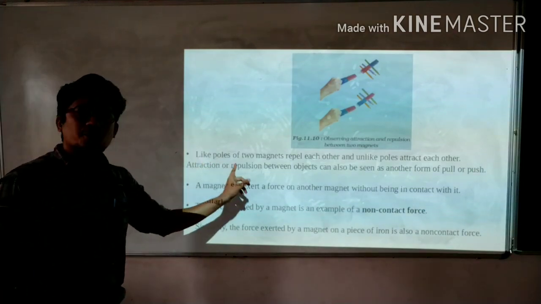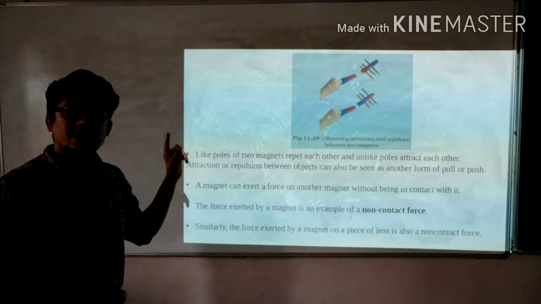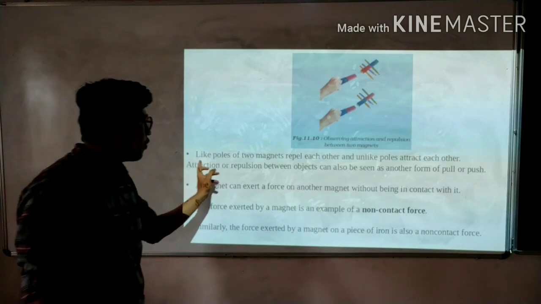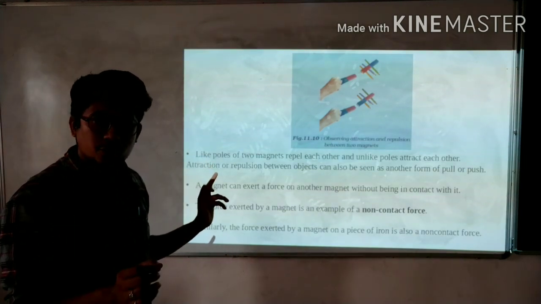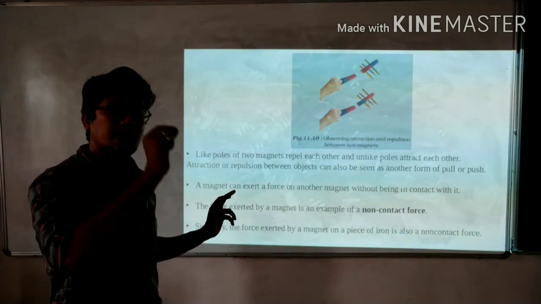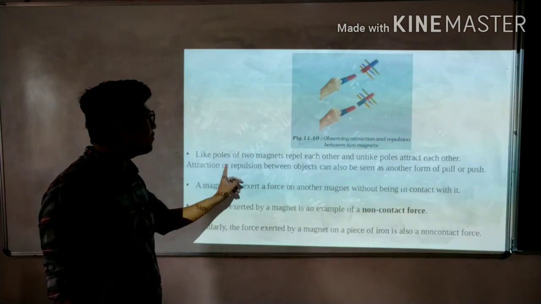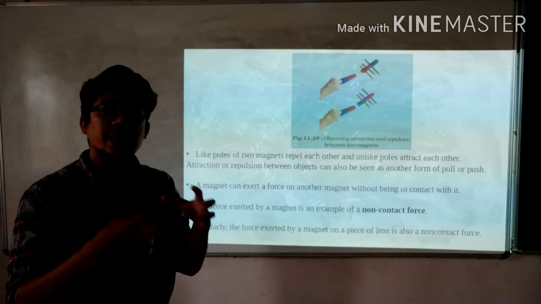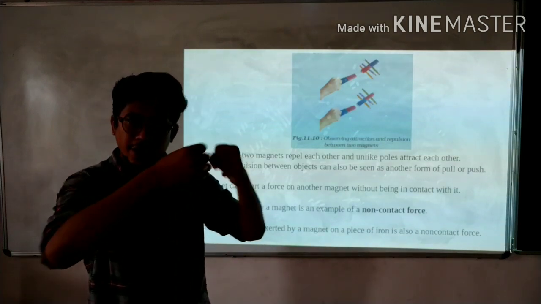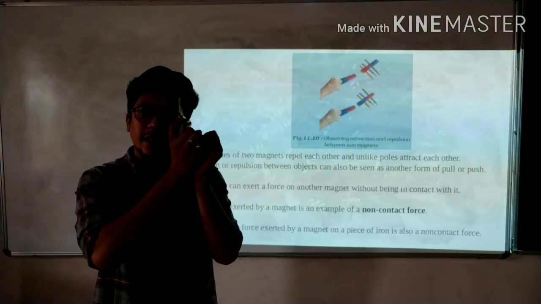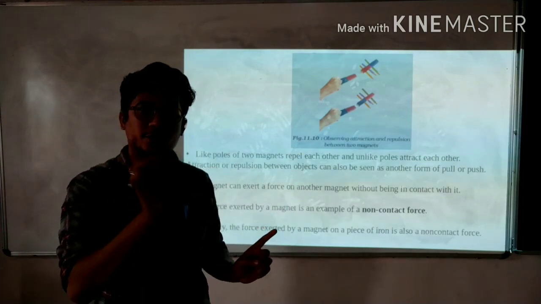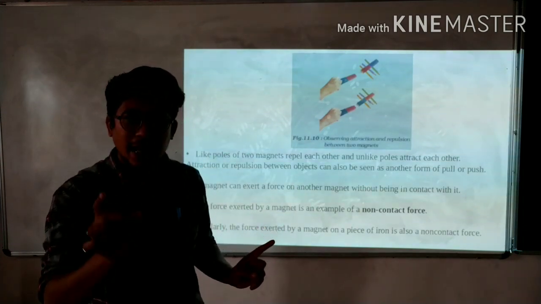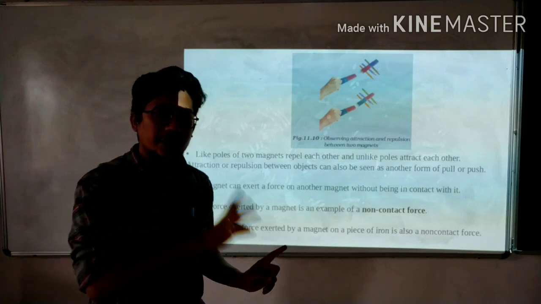Like poles means poles that are the same. North poles are like poles, south poles are like poles. So like poles of two magnets repel each other. Repel each other means they will go away from each other, in a different direction. That word is known as repel or repulsion.